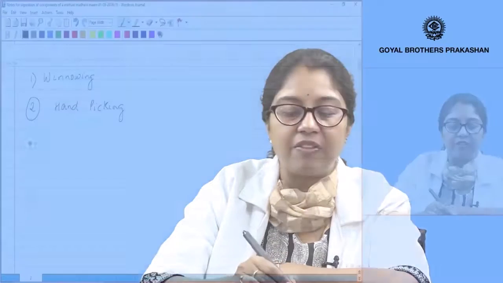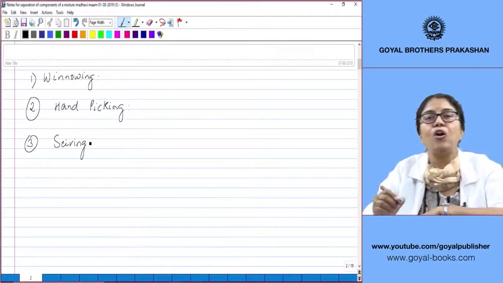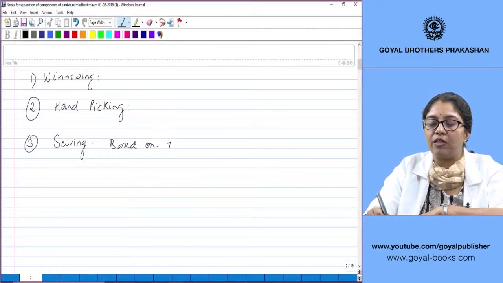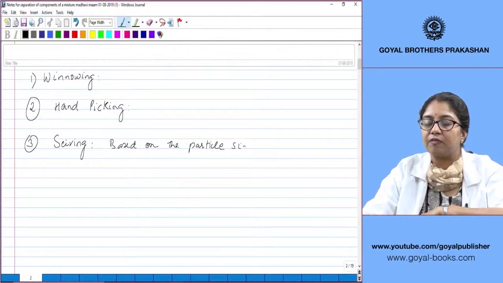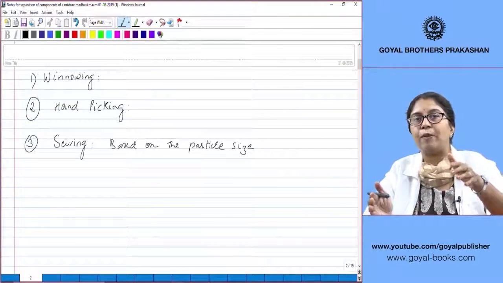The third method is sieving. Sieving is a method of separation of the components of a mixture based on the particle size. You must have seen sieves at home. Your mother must be using one to separate the coarser husk sort of material from the wheat flour, that is your atta, right?